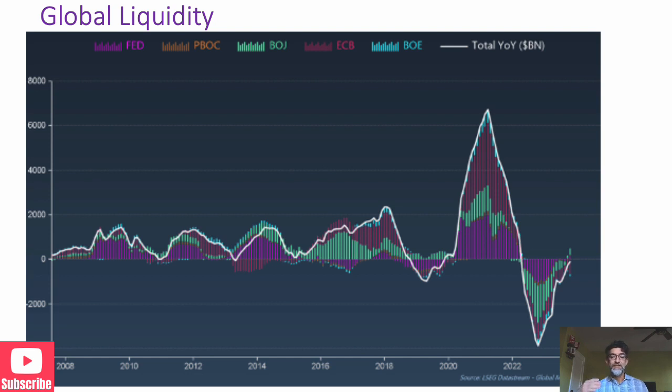And he has some free YouTube videos if you want to watch them. He shows historical liquidity, how it goes up and down like a sine wave. And right now he's saying it's going to keep going up for perhaps the next 2 years. So going forward, especially in 2024, we're going to see a positive increase in liquidity.